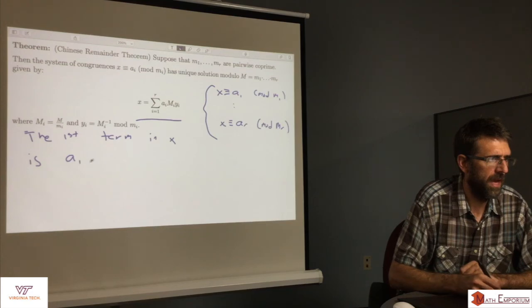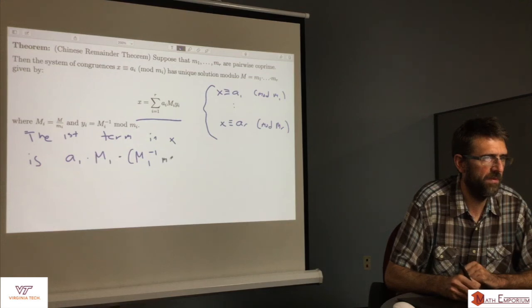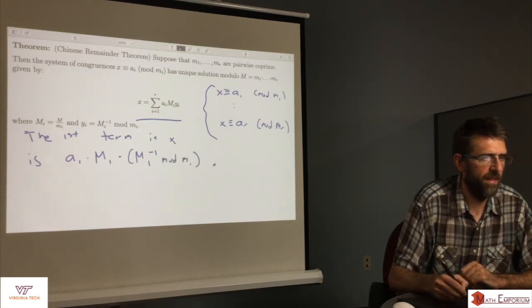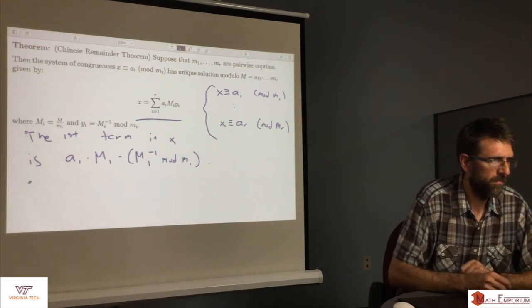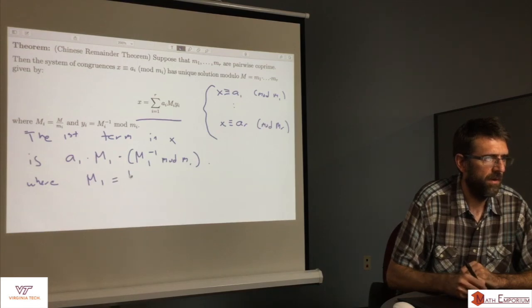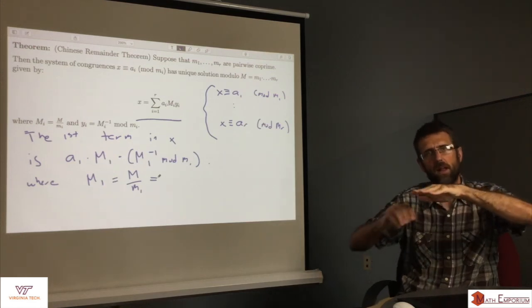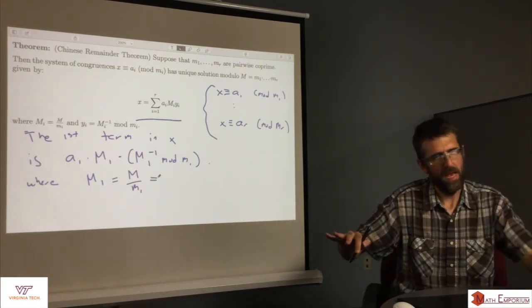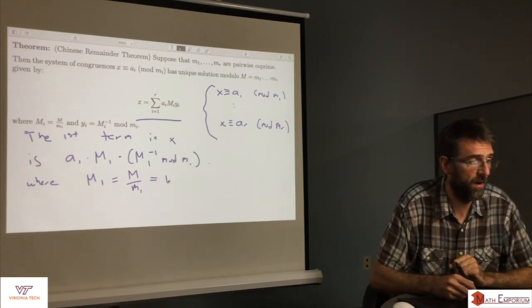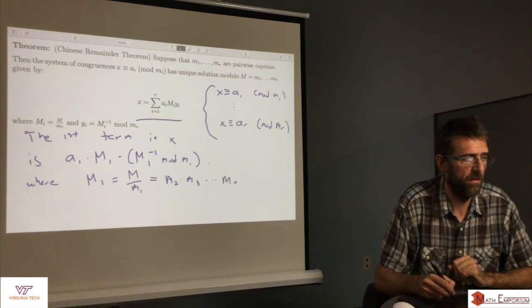It's a1 times big M1 times big M1 inverse taken mod little m1. What is this big M1? Well, it's big M over little m1. But remember, big M was just the product of all the moduli. So big M over little m1 is the product of all the other moduli: m2 times m3 up through m sub r.